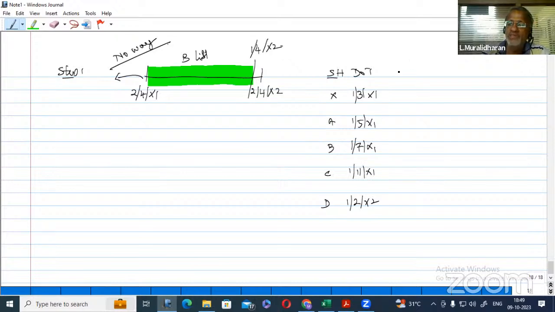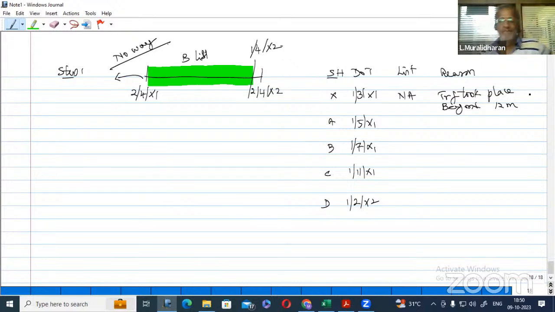So in which list? Here, not applicable. What is the reason? Transfer took place beyond 1 year, beyond 12 months. From 1/5/x1 it is B list, B list, B list and B list. Correct?